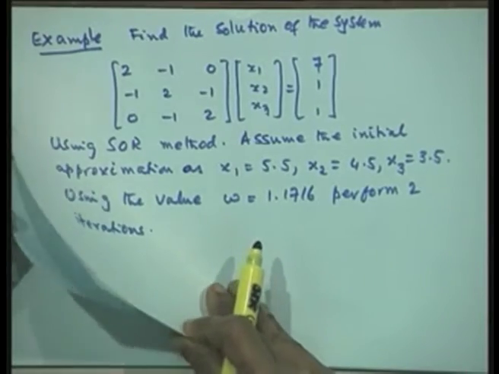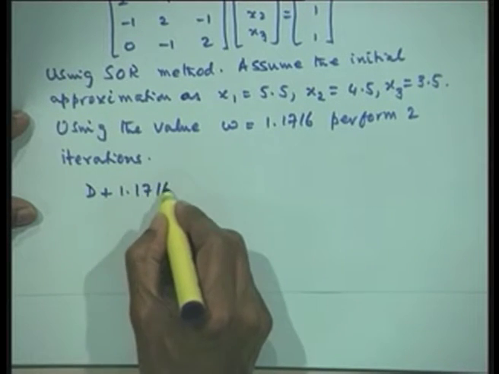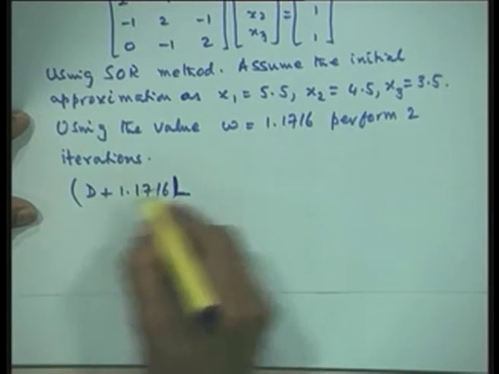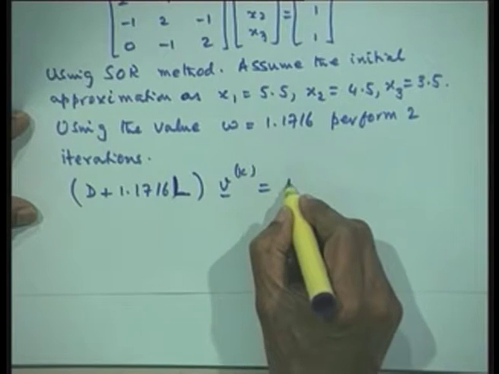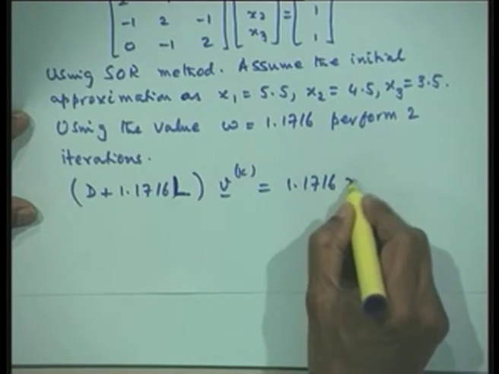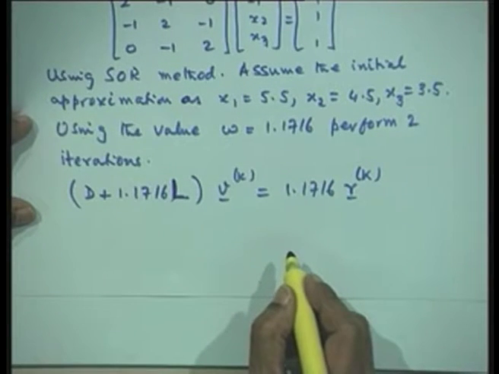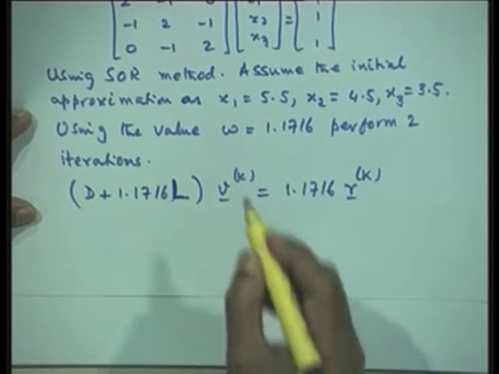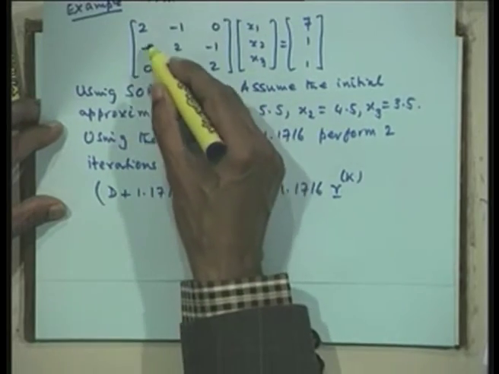Now, let us use this error format of writing the system, that is D plus omega L into V k is equal to omega 1.1716 R k. So, D is the same, L is this part, and I am multiplying this part by omega.